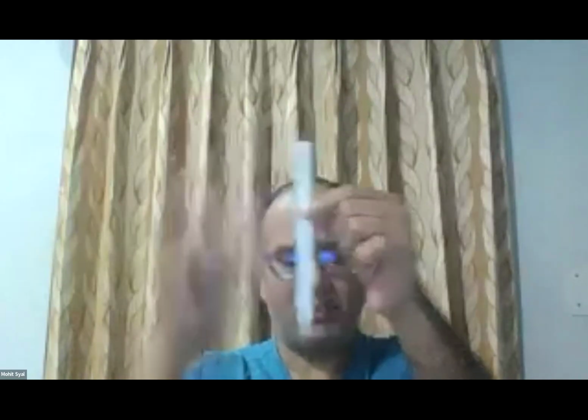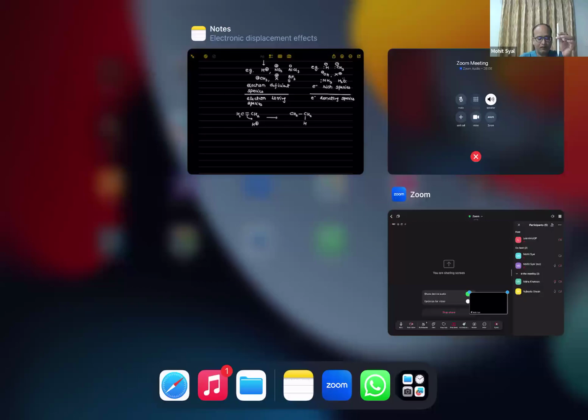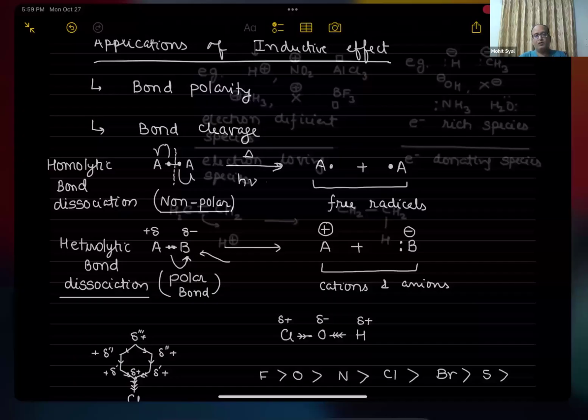These two electrons, shown with my pencil, were earlier part of a double bond. But now they are connected to H. Can you see it? I will show it to you by diagram also, by writing it.